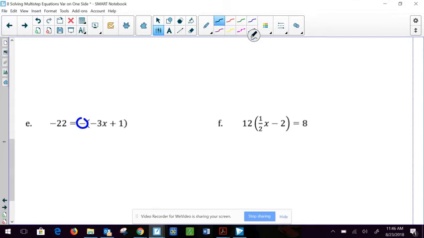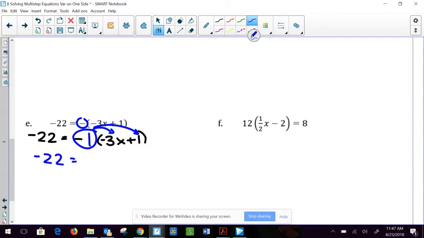So instead of looking at this saying negative 22 equals the negative of 3x plus 1, you're going to say negative 22 equals a negative 1 times negative 3x plus 1. By drawing that 1 in there, we're reminding ourselves that we need to distribute it to everything inside the parentheses.